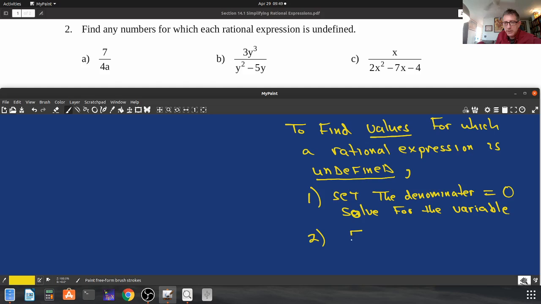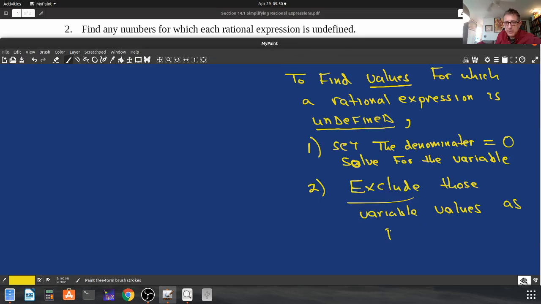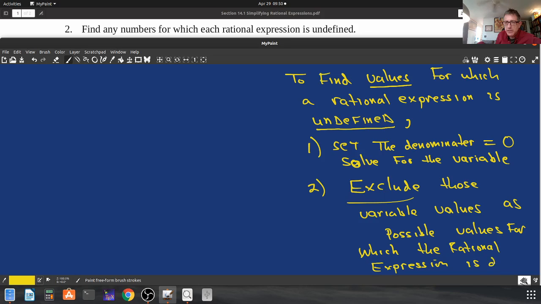2. Exclude those variable values as possible values for which the rational expression is defined.